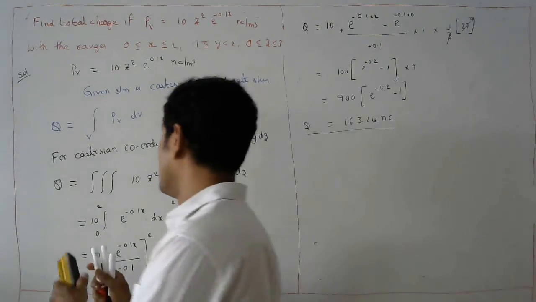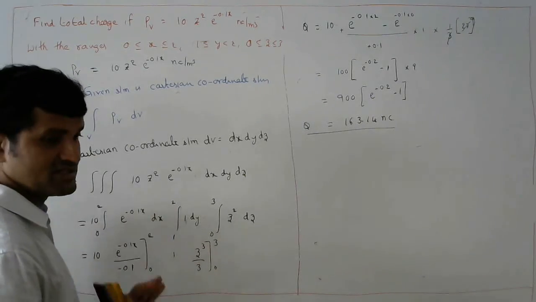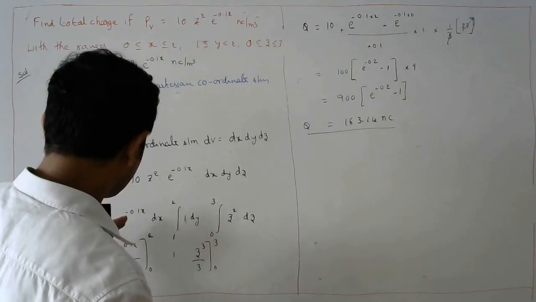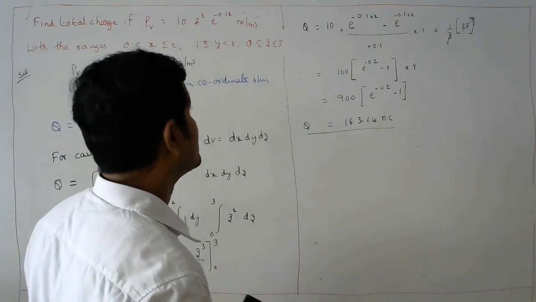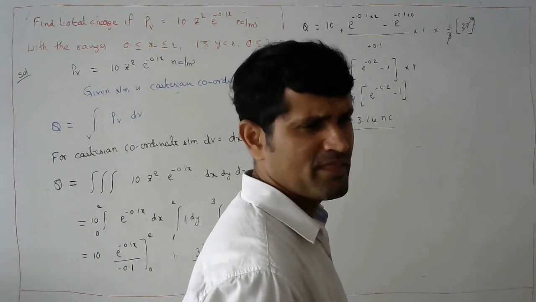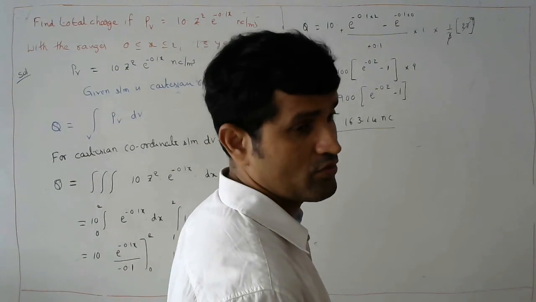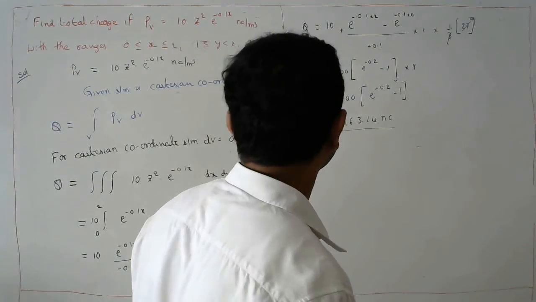I separate the x, y, z terms, and after separating, we integrate. The charge magnitude we get is 163.14 nanocoulombs.